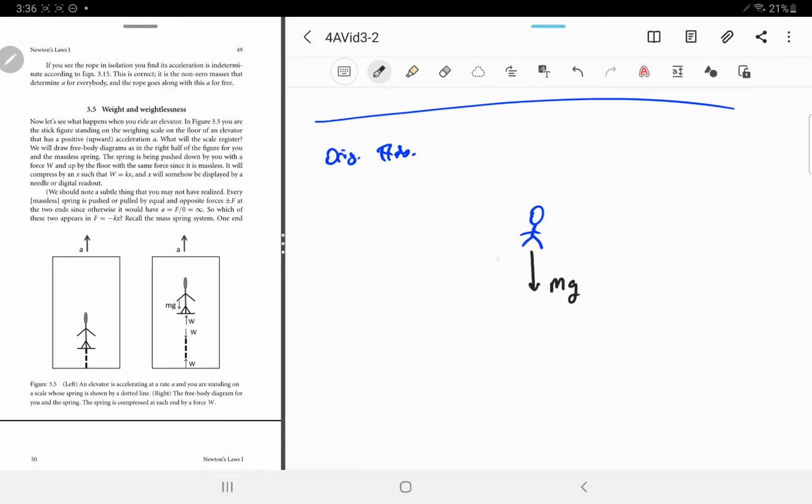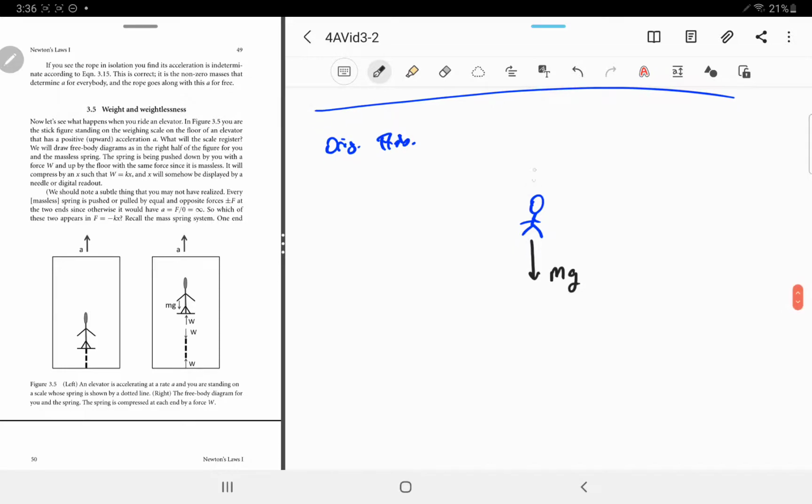And then the person standing in an elevator, so the person isn't touching the ceiling or anything. They're standing on a scale in the elevator, and the scale is able to push back up on the person. So the scale is pushing up on the person. This normal force is going to be the reading on the scale. Right? The scale is reading your weight because you're pushing down on the scale, the scale is pushing up on you, and it's that direct contact force that it's reading out.